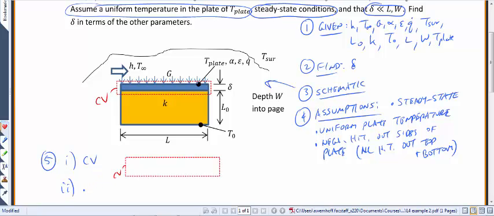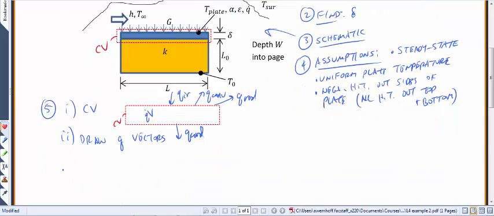So for part 2, we're going to draw our heat vectors. And we know that we have irradiation coming in, we have generation inside, but then leaving we have conduction out of the bottom, and we have convection out the top, and radiation out of the top.